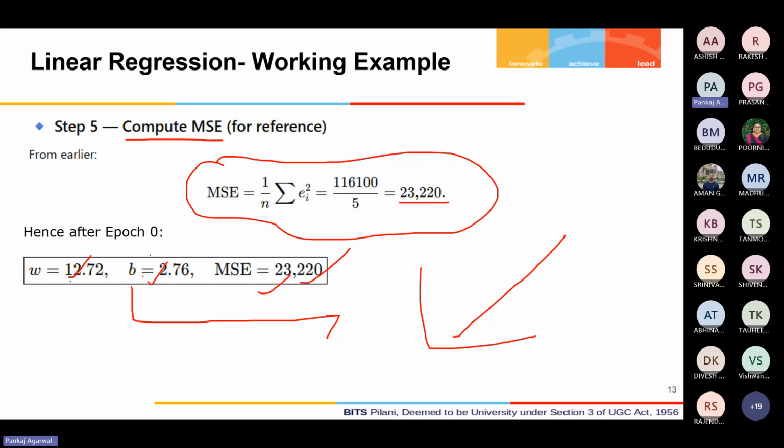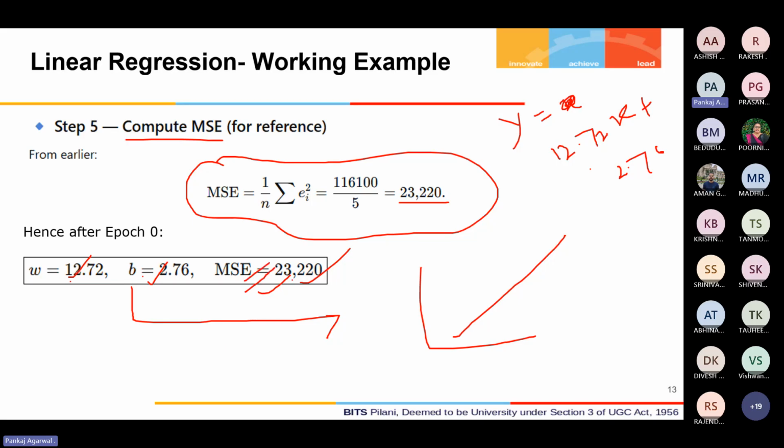Why did I say this is equivalent to one line? My function would have been y = wx + b, with w = 12.72, x the input that I can control, and the bias 2.76. It is nothing but a line equation where the MSE is an indication of total error.